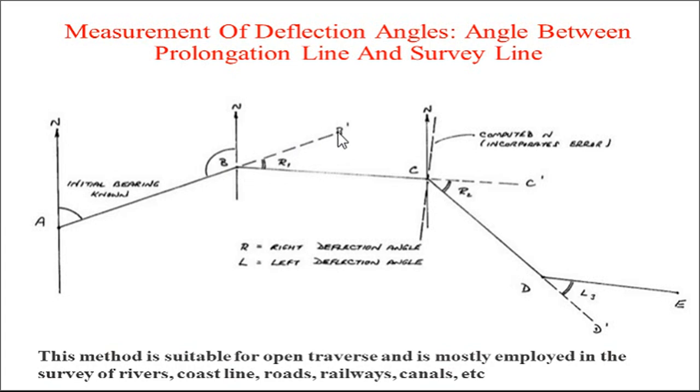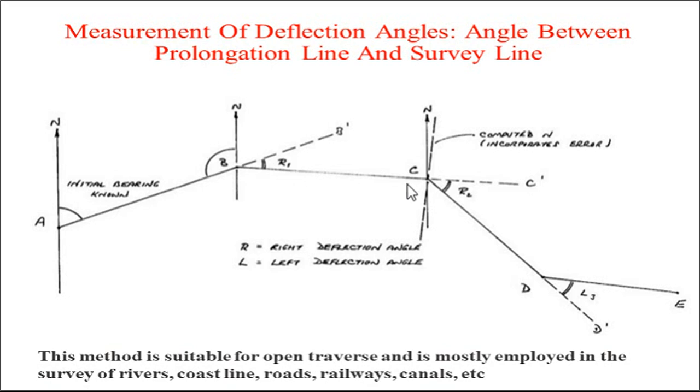Then clamp the telescope and sight B dash accurately. Then loosen the upper plate and turn the telescope clockwise to sight the ranging rod at point C. Sight C accurately, then measure verniers A and B. Vernier A will give directly the value of the deflection angle, say R1.